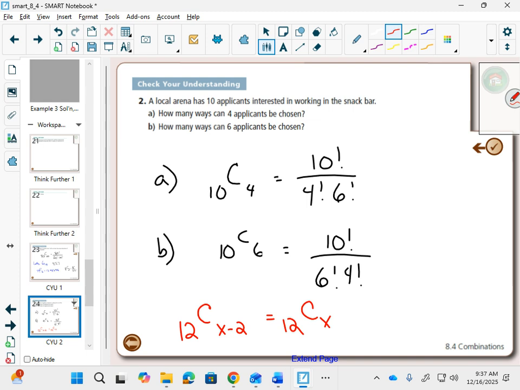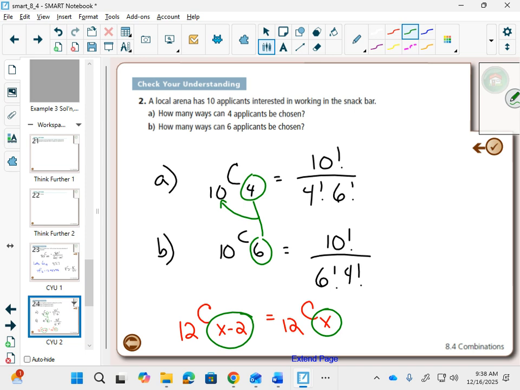And if you go to the formulas, this becomes very complicated to look at and solve. But if you know how combinations work, if this is true, these two numbers, every time I make a group of 4, it's the same as a group of 6. They have to add up to 10.